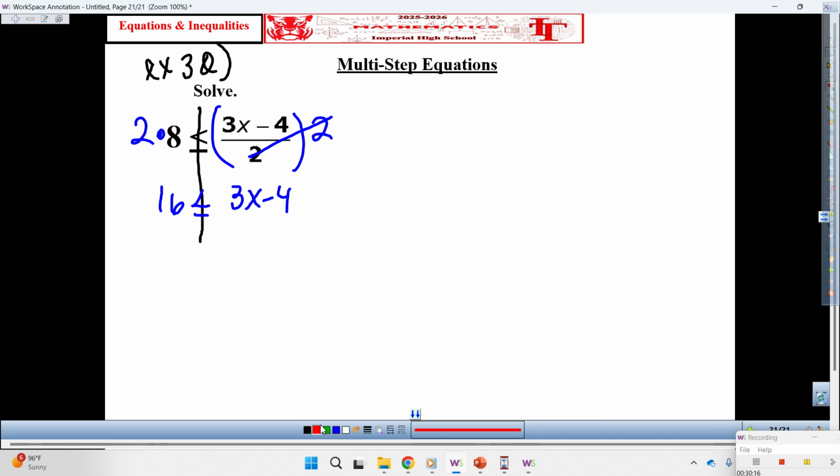Continue, Scarlett. Add 4 to each side. That's 20 less than or equal to 3x. Continue, Michelle. What do I do next?